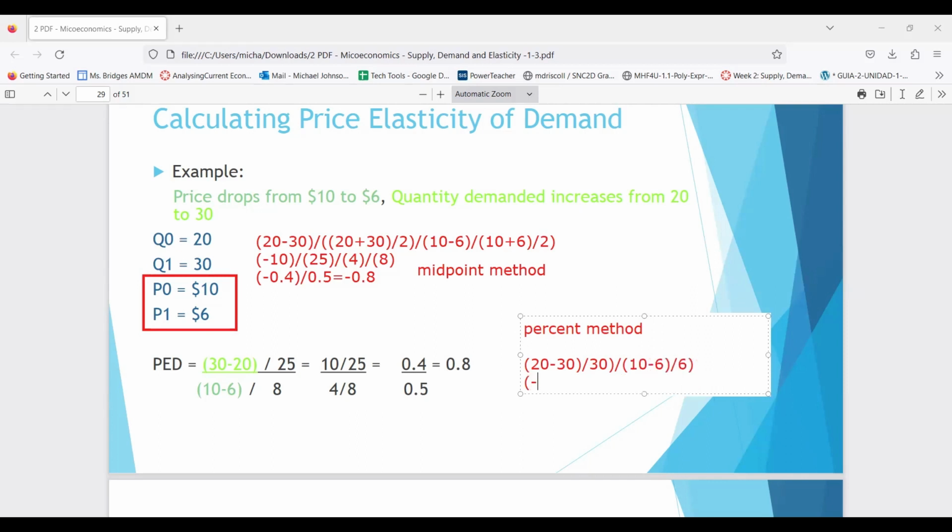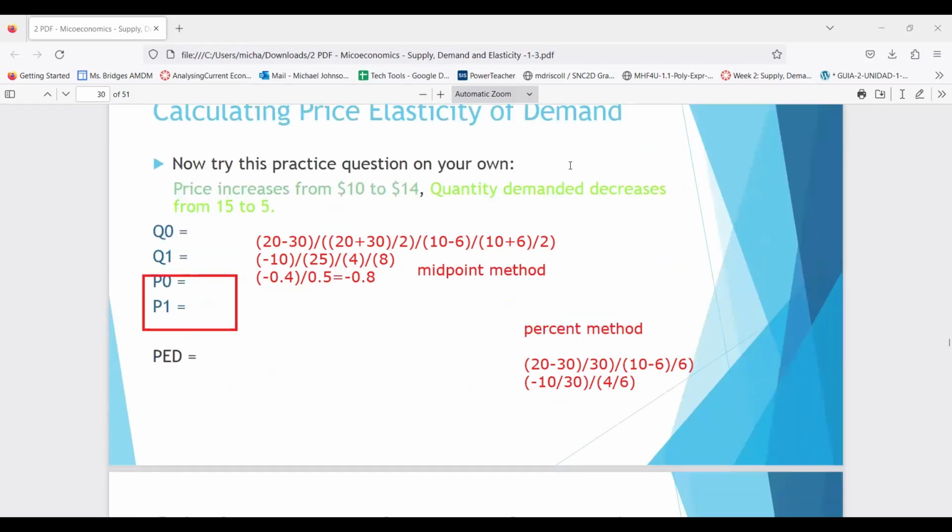And then that'd be negative 10 divided by 30 divided by 4 divided by 6, negative 0.33 divided by, so that's how you would do that there.